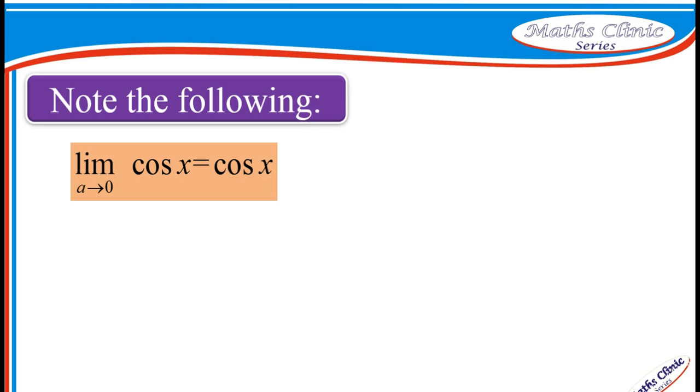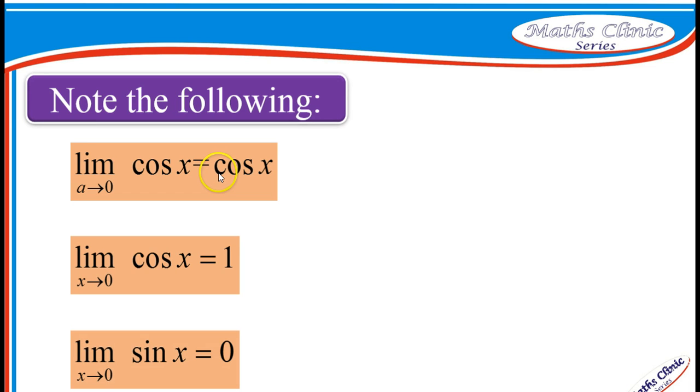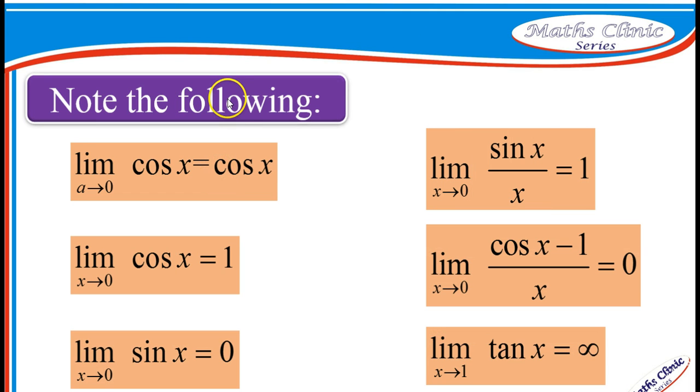We saw this earlier, that the limit as a approaches 0 of cos x will give us cos x, and the same thing applies to sine x. It means when I replace this one by sine x, I'll still get sine x here. And we'll also be applying this, that is the limit as x approaches 0 of sine x on x is equal to 1. And so take note that we have something like sine h over h, the limit of it will be equal to 1.